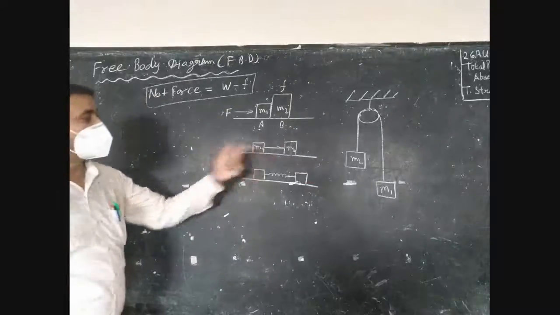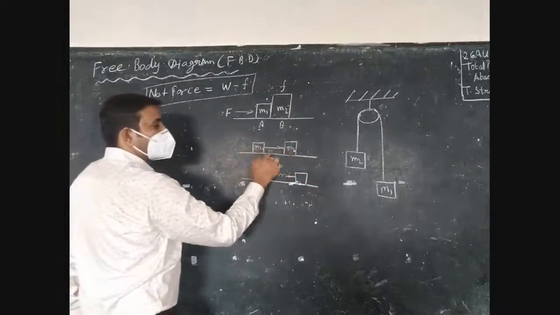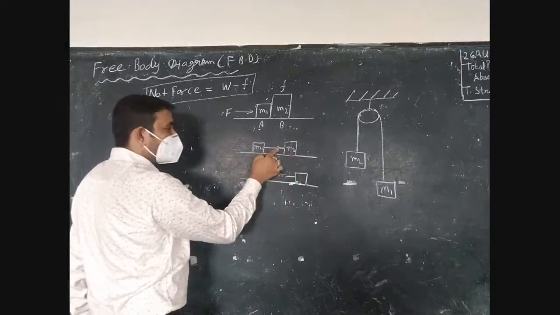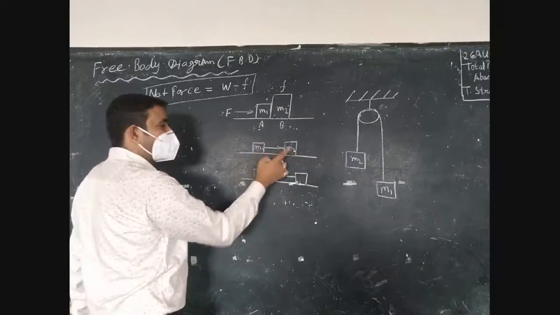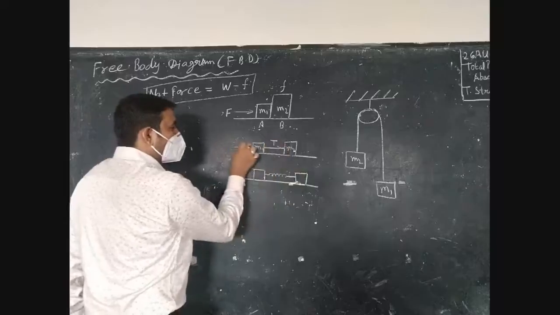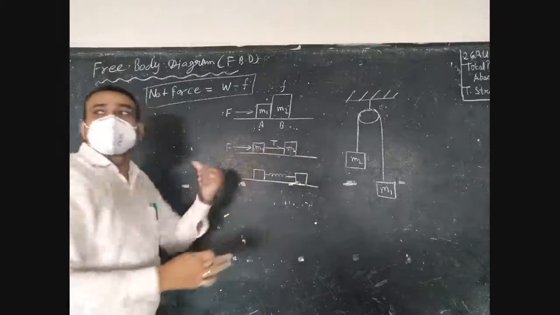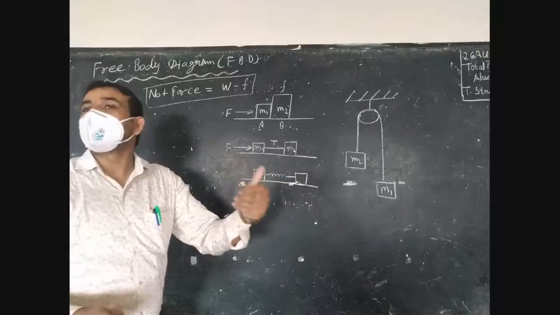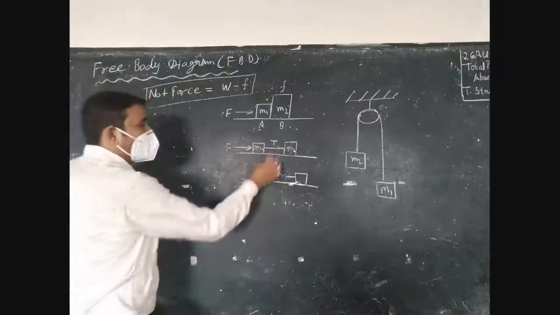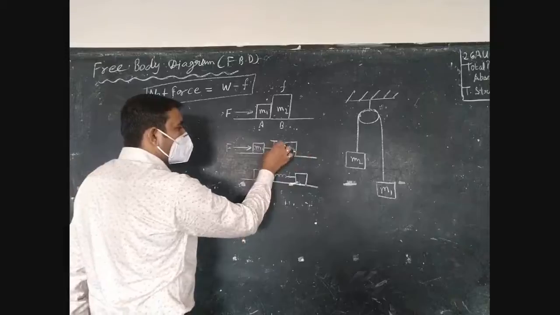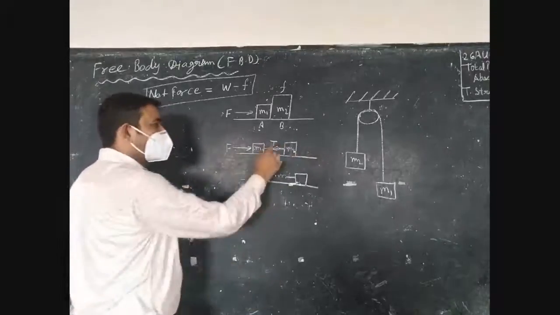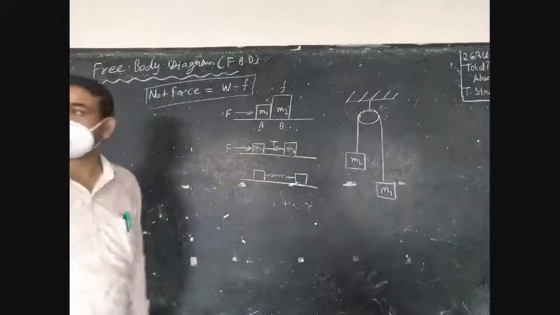In the case of a string, the two objects are attached to each other and support objects A and B. Then when we apply a force to body 1, the string experiences a tension, and we get this tension opposing it. We need to calculate this tension.